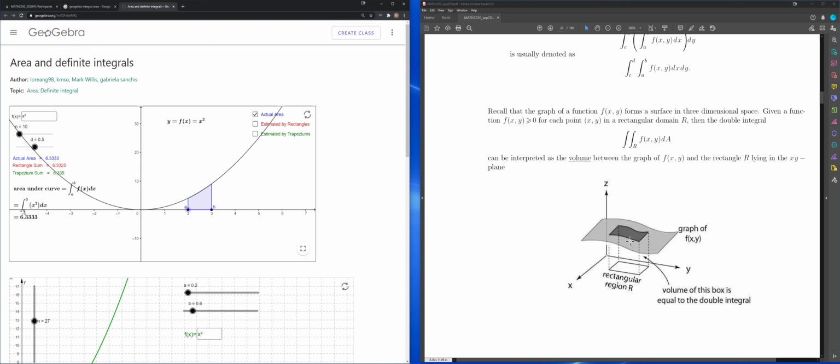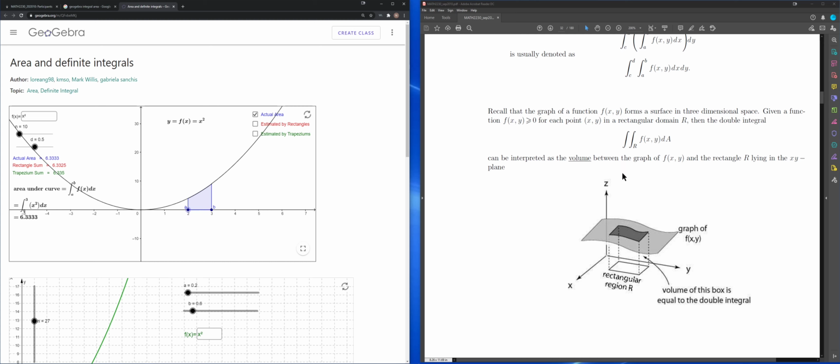Okay. So the graph in the case of a function of two variables is a surface. The graph in the case of a function of a single variable is just a curve. Now over here, what I'm doing is integrating over this interval a to b, this line interval going from 2 to 3.